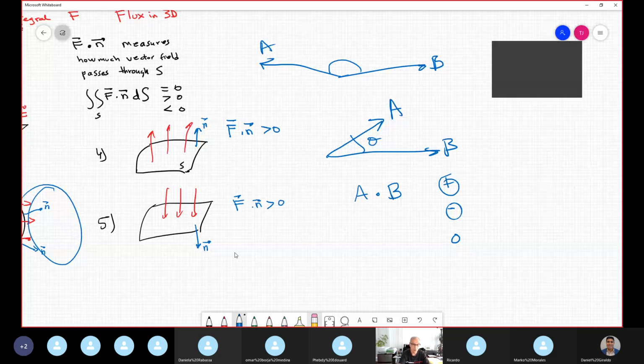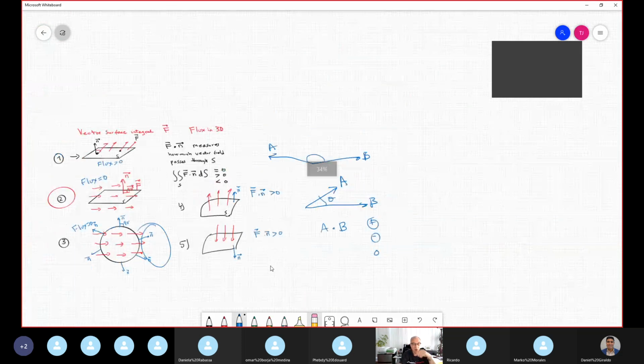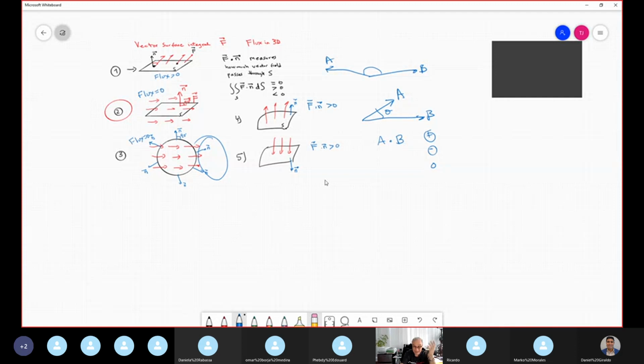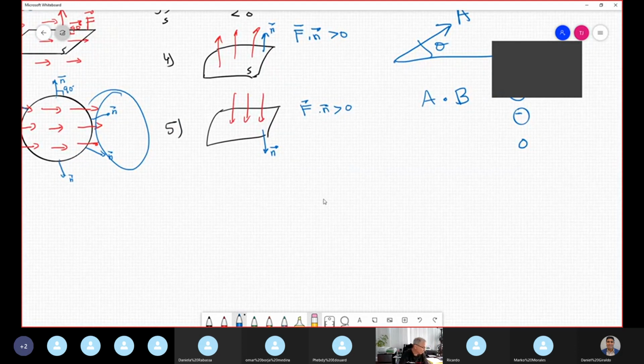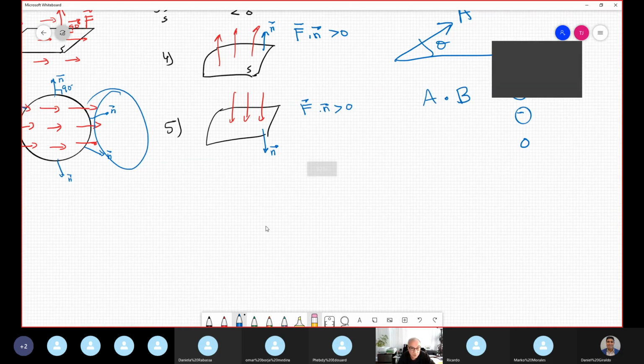No surprise. Okay, I want to discuss another important theoretical thing: orientable or non-orientable surface. So we have two kinds of surface.